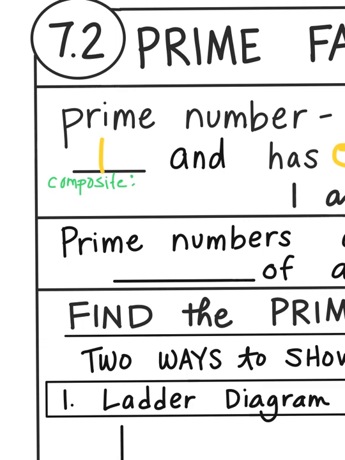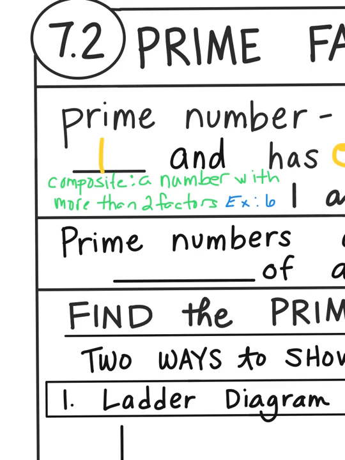So a composite number is a number with more than 2 factors. So, for example, the number 6 is composite because we can get 6 by taking 1 times 6 or 2 times 3.